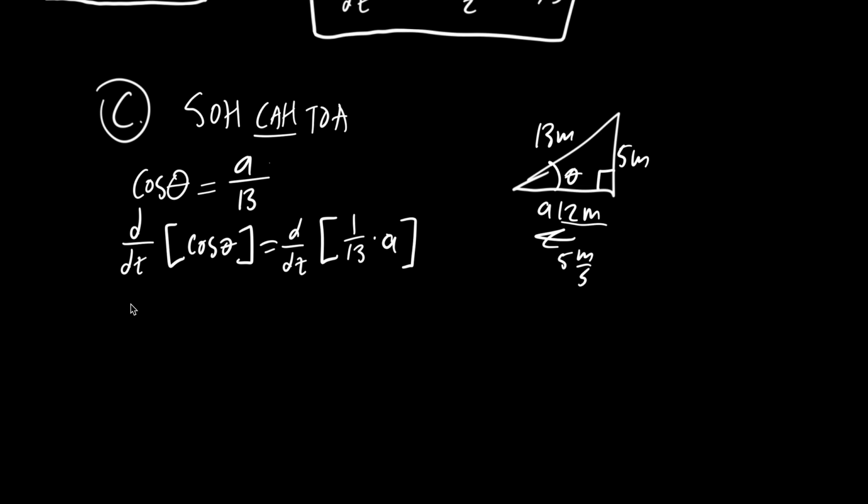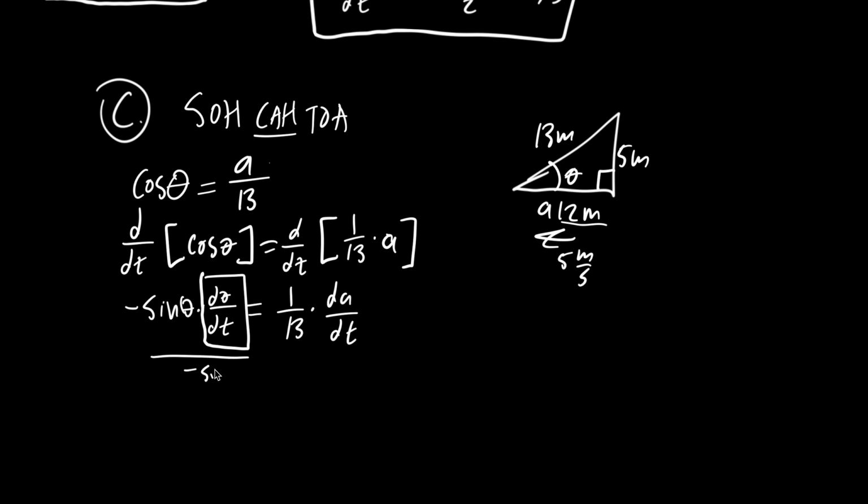So the derivative of cosine theta is negative sine theta times derivative of theta with respect to time. And that's going to be equal to 1/13 times derivative of A with respect to time. And then we want to know the rate of change of theta, so we have to isolate this. So we have to divide both sides by negative sine theta.